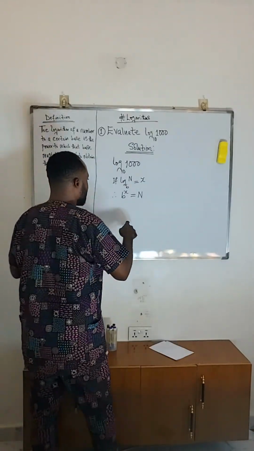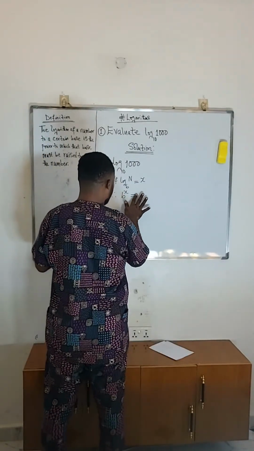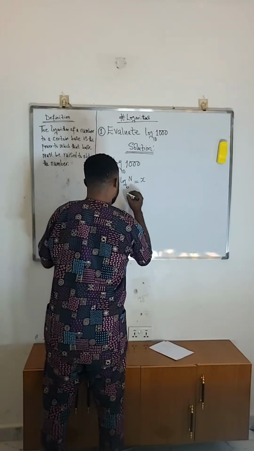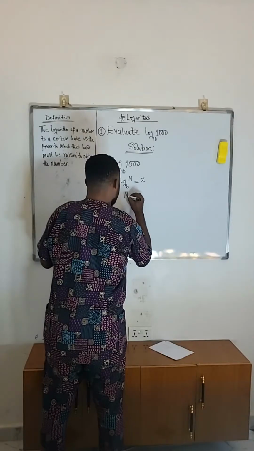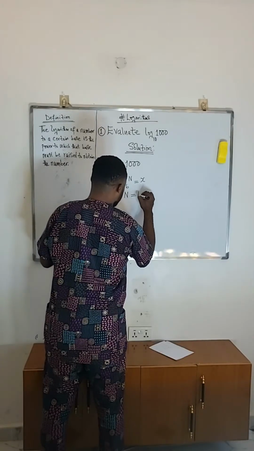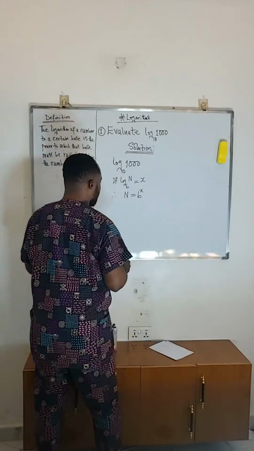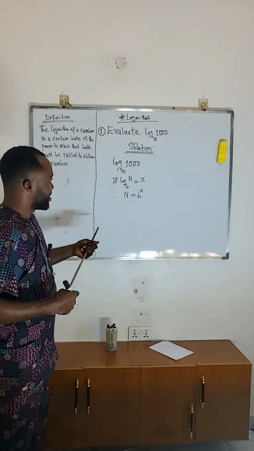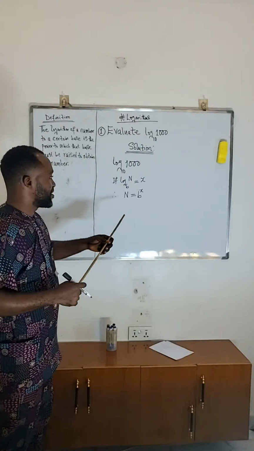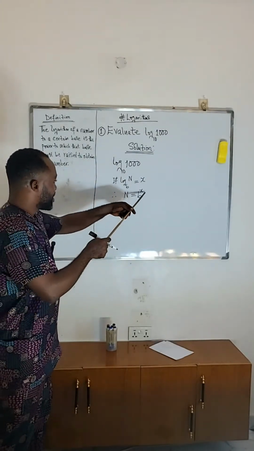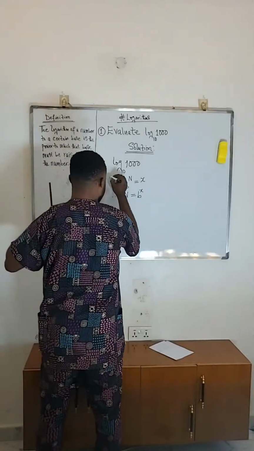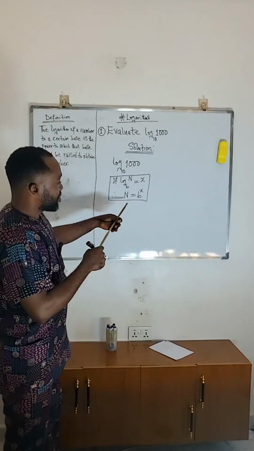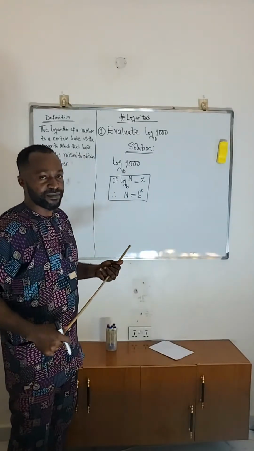Or you can put it either way. You can as well write that n equals b raised to the power of x. If you understand this, then it's easy to solve this. In short, this is the definition of logarithm.